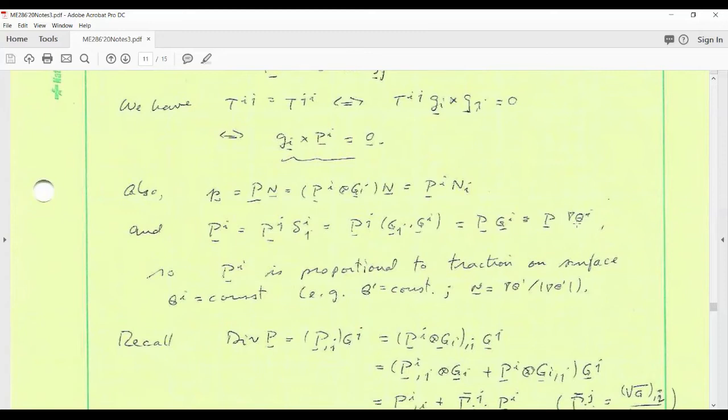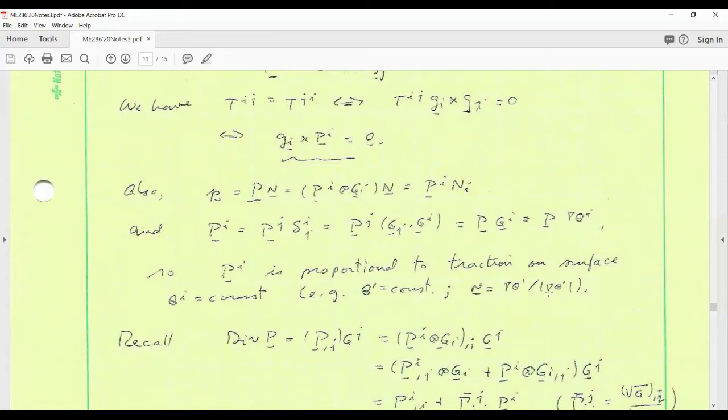Now we know that, say for example, if we put I equal 1, gradient theta 1 is the normal, not the unit normal, but it's normal to the surface on which theta 1 equals constant. The unit normal would be this. So P super 1 would be proportional to the traction transmitted across the coordinate surface theta 1 equals constant.